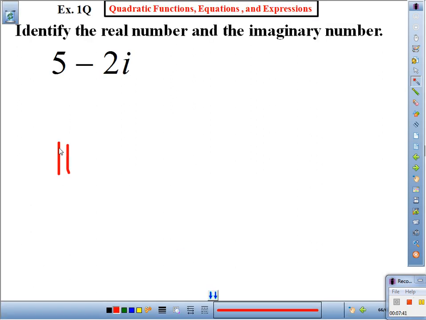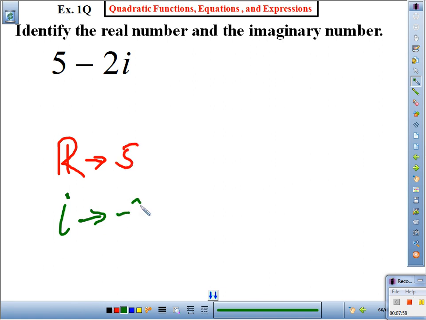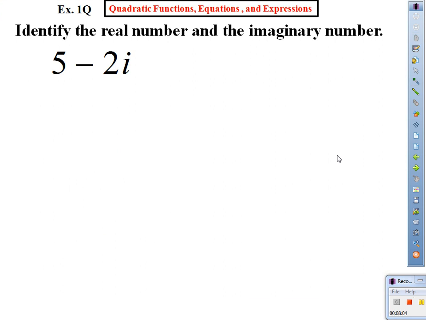Focus, please. Real. Imaginary. All right, Chance, touch someone. Ramon, which is our real? 5. Which is our imaginary? Negative 2i. Have you got that? That is correct. Go to the next one.